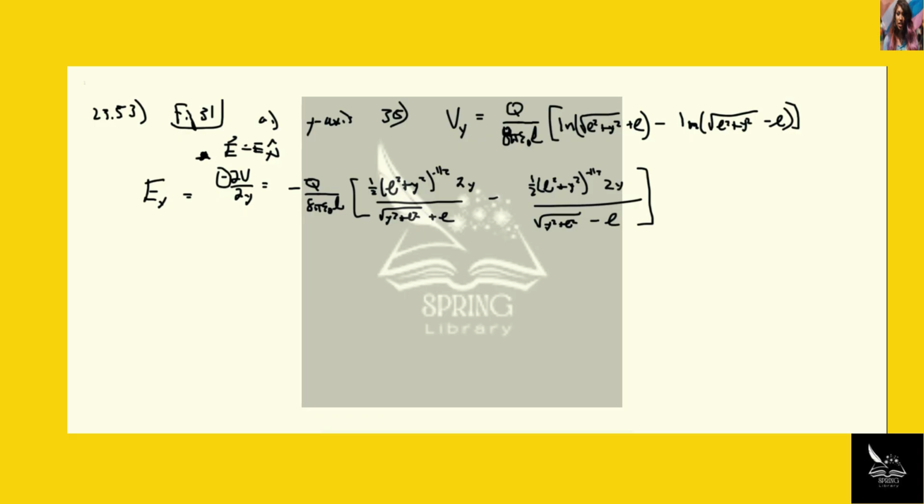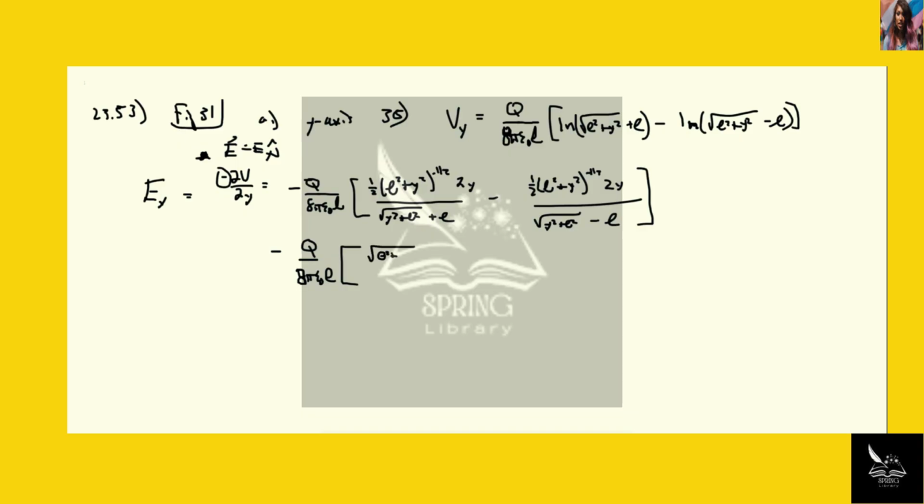So let's start simplifying. We have minus Q over 4 pi epsilon naught L. Sorry, that's 8 pi. That's why it looked weird. Okay, so 8 pi.